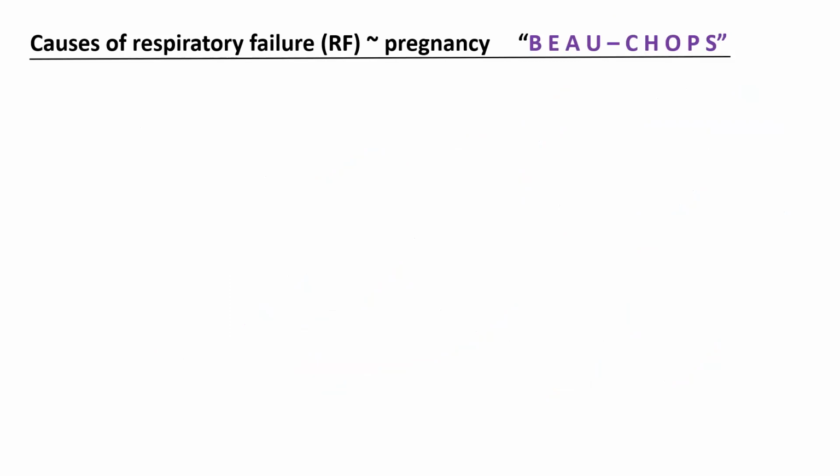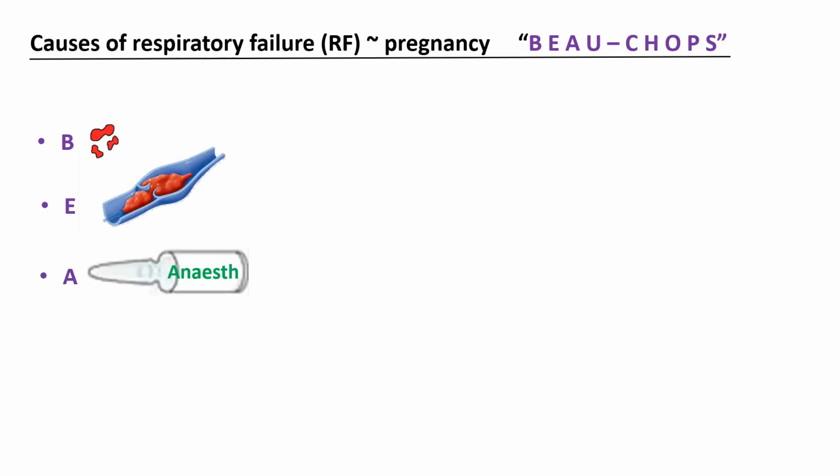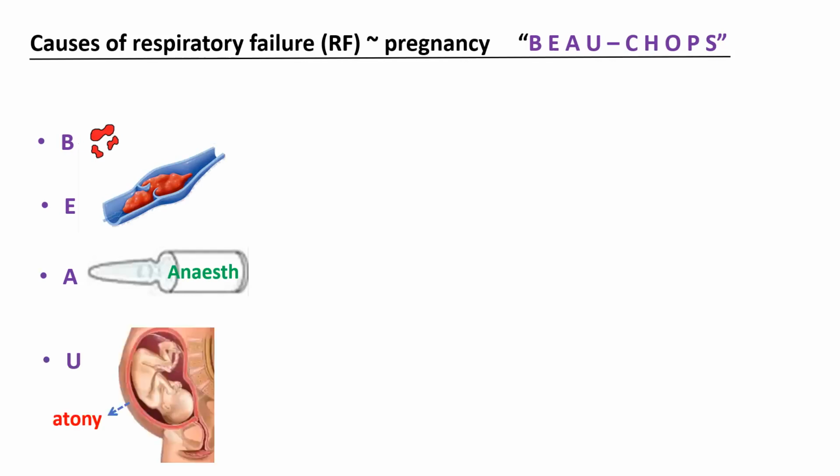There are also obstetric emergencies that happen in pregnancy, and most of them will have, as you would agree, some respiratory component. You can remember this by BU CHOPS. B is for bleeding, and if they bleed extensively, they do get short of breath. E stands for embolism. A is anesthetic-related cause of respiratory failure, and uterine atony and postpartum hemorrhage, they do become short of breath.